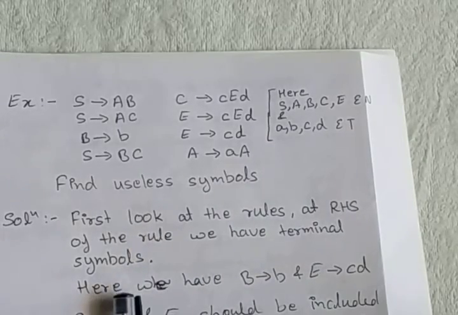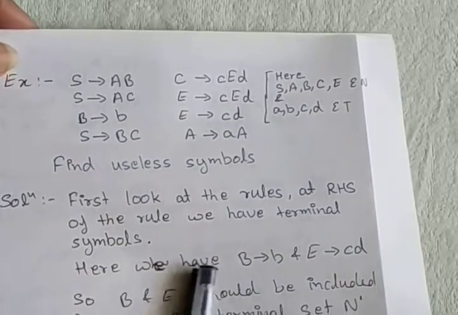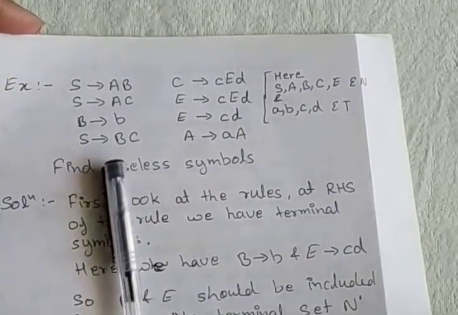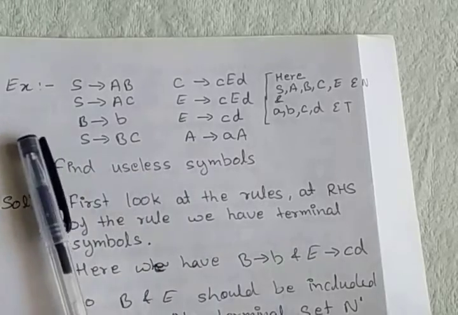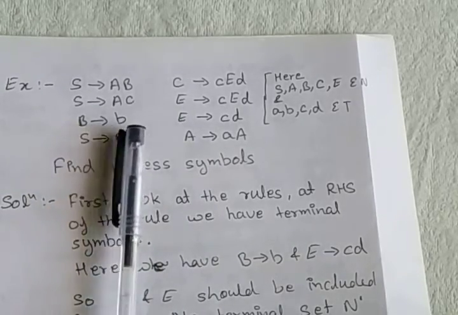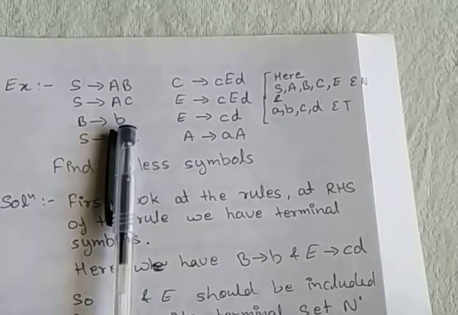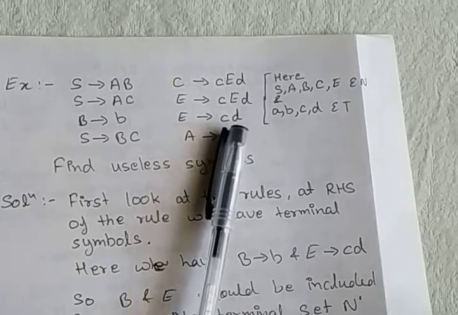Now, first of all, look at the rules where on the right hand side we have terminal strings. In these, we have two rules where we get terminal symbols. B derives b, it is producing this terminal symbol.